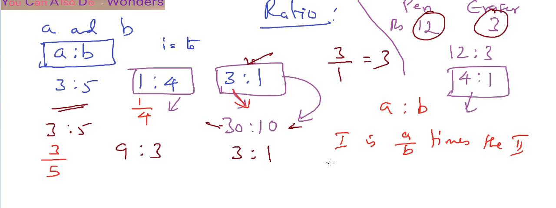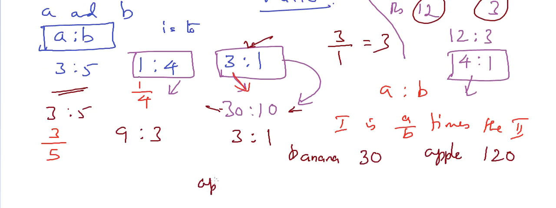Okay, let's say the cost of 1 kg of banana is 30 rupees. The cost of 1 kg of apple is 120 rupees. What's the ratio between the cost of apple and banana for 1 kg? 120 is to 30, isn't it?